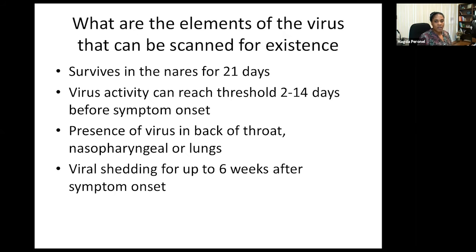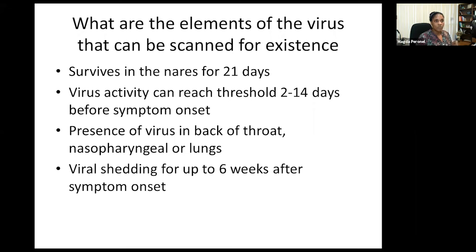So presence of the virus is going to be in the back of the throat, what we call the nasopharyngeal aspect, in the nose, back deep in the nose, or the lungs. And the last aspect of COVID-19 is that viral shedding can happen 6 weeks after symptom onset.